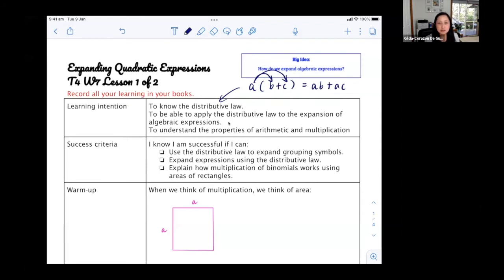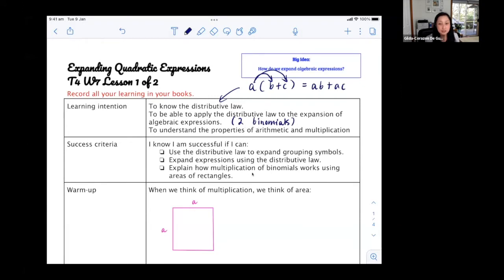So really what we want to do here is apply the distributive law when expanding algebraic expressions, more importantly, when we have two binomials. So maybe we can include that and put them in brackets: what we want to do here is to expand binomials.